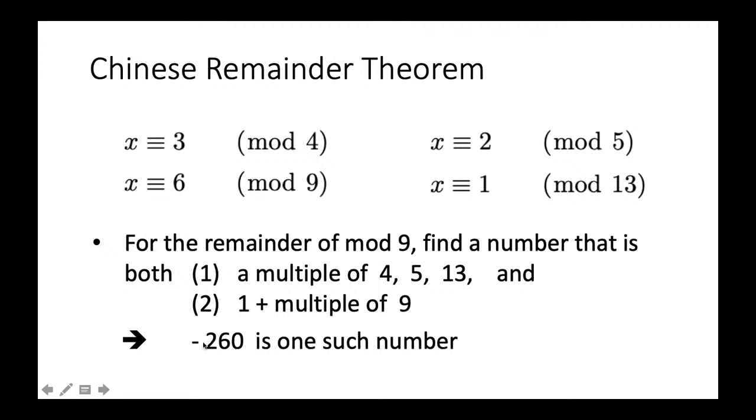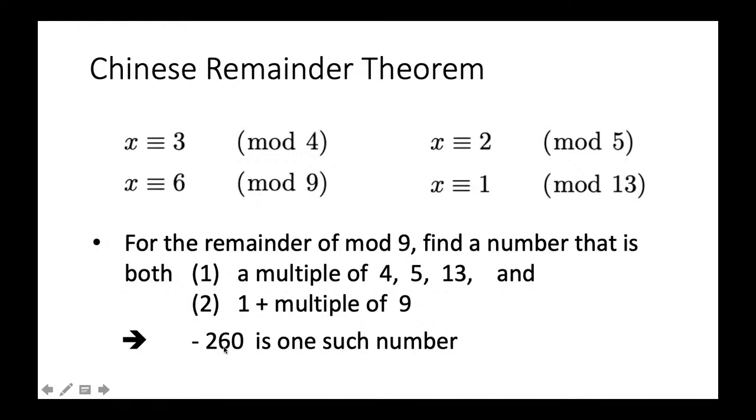And similarly, for 9, we want to find a number which is a multiple of 4, 5, and 13, and then it is also a multiple of 9 plus 1. Okay, and then we find that minus 260 is one such number. So we don't always need to choose a positive integer. As long as it is an integer that has this property, then it works.